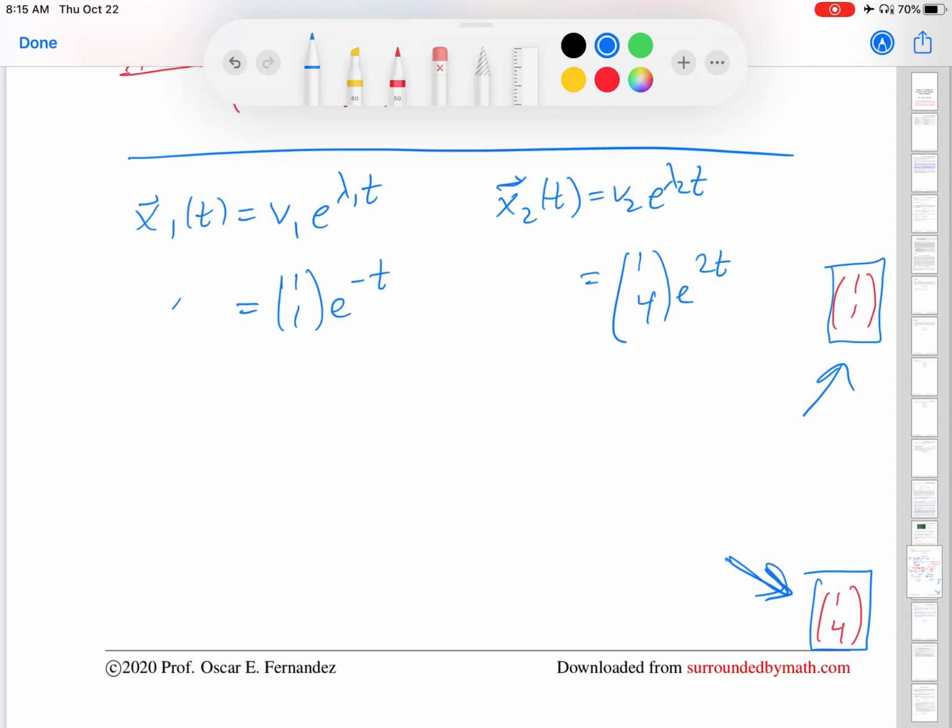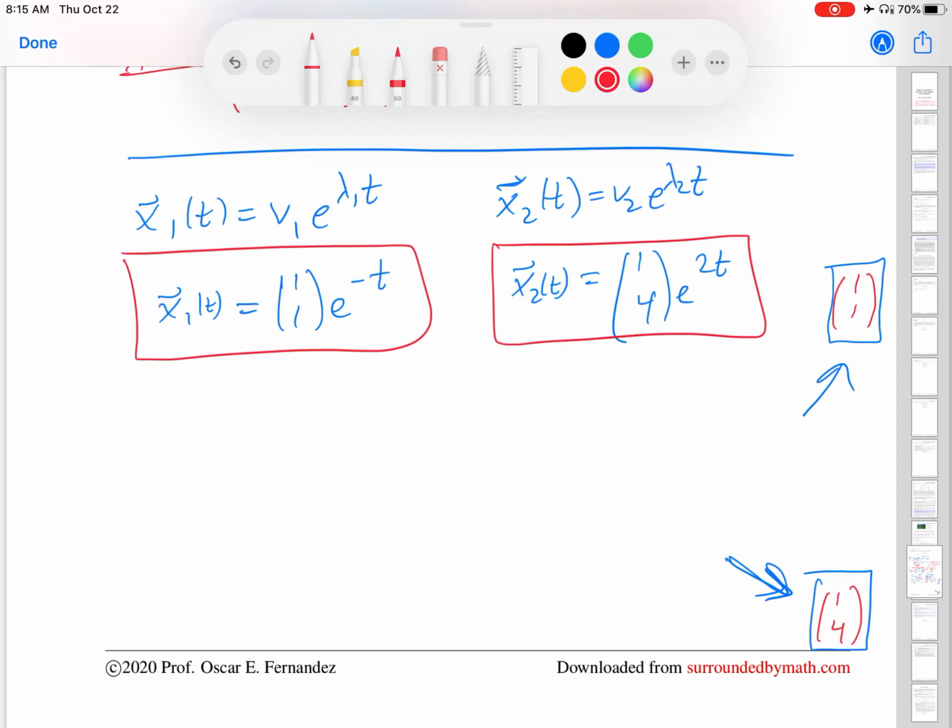Great, so these are the two solutions that pop out of using this eigenvector eigenvalue technique for this system. In the next video, we will combine these into a general solution. That's going to require some linear algebra arguments about basis and span and linear independence.